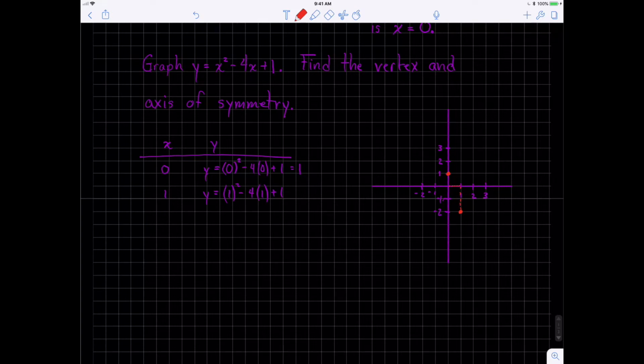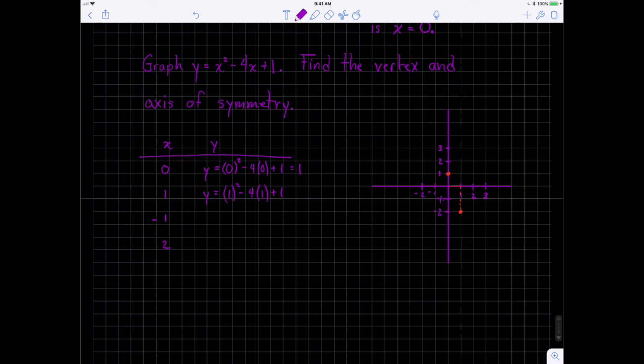We've got to figure out, though, where it makes its turn. That's the vertex we're looking for. So let's try to the left of 0. That would be at -1. We're going to look at both sides of what we've already put on. We've got -1, and let's go out to +2 and see what happens.